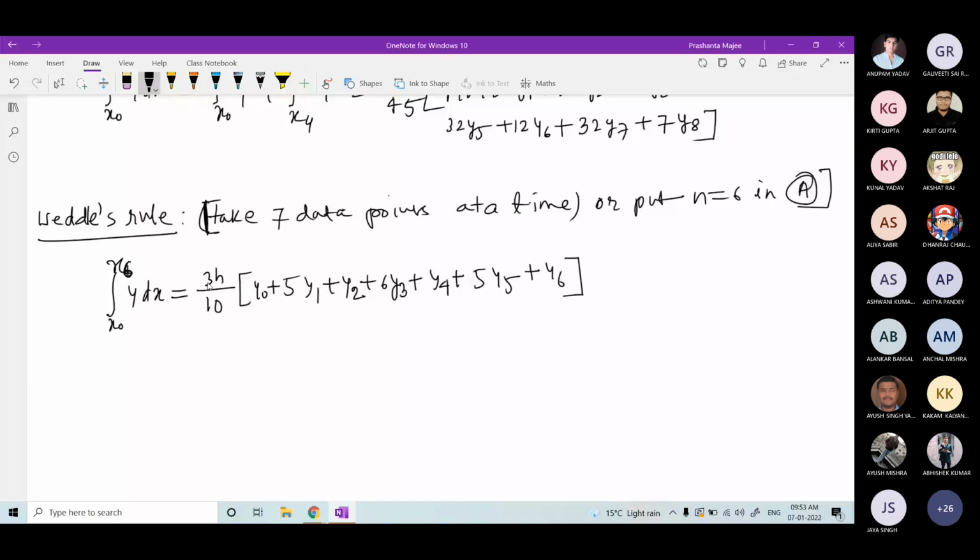Now, if you use Weddle's rule, you will get exact answer up to 5th degree polynomial. No, 7 data, so for 6th degree polynomial you will get exact answer.